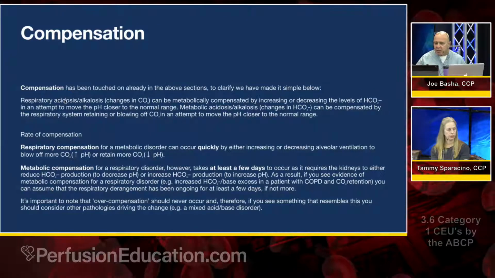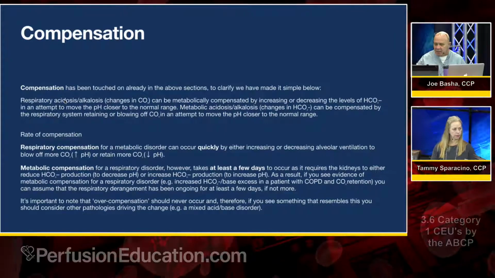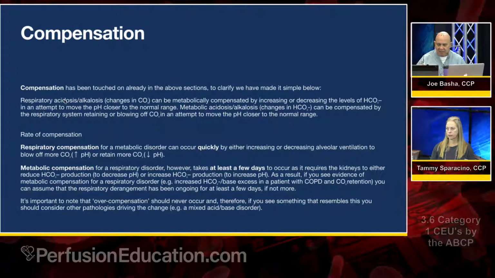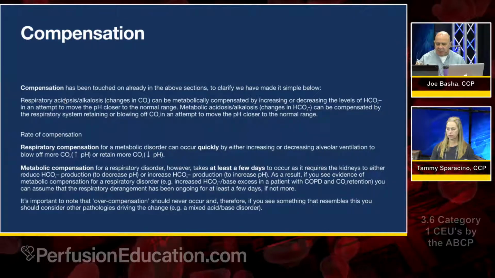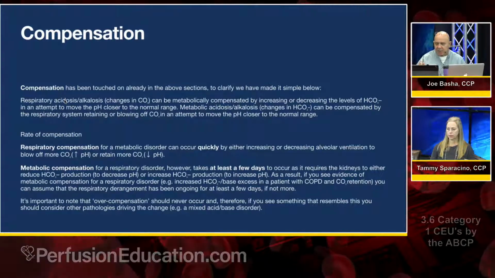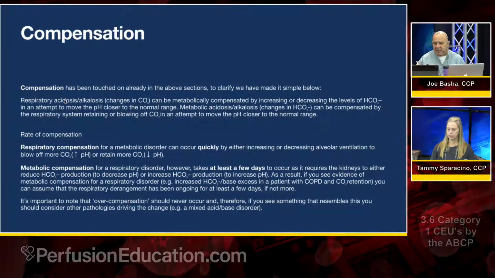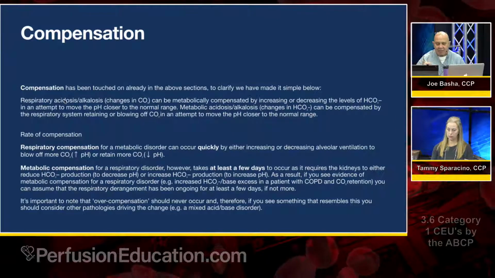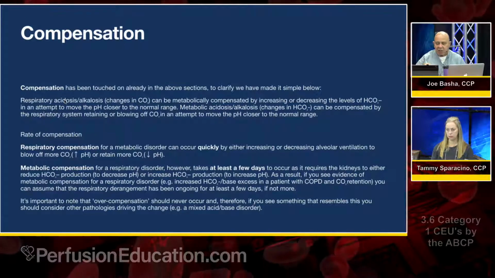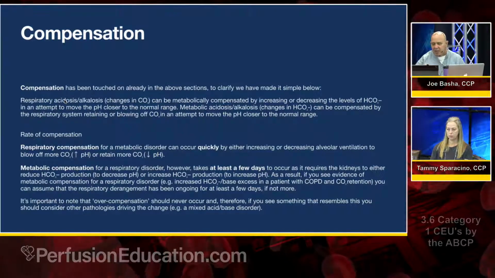I want to touch on compensation a little bit additional for clarification. Respiratory acidosis and alkalosis, changes in CO2, can be metabolically compensated by increasing or decreasing the level of bicarb in an attempt to move the pH closer to the normal range.